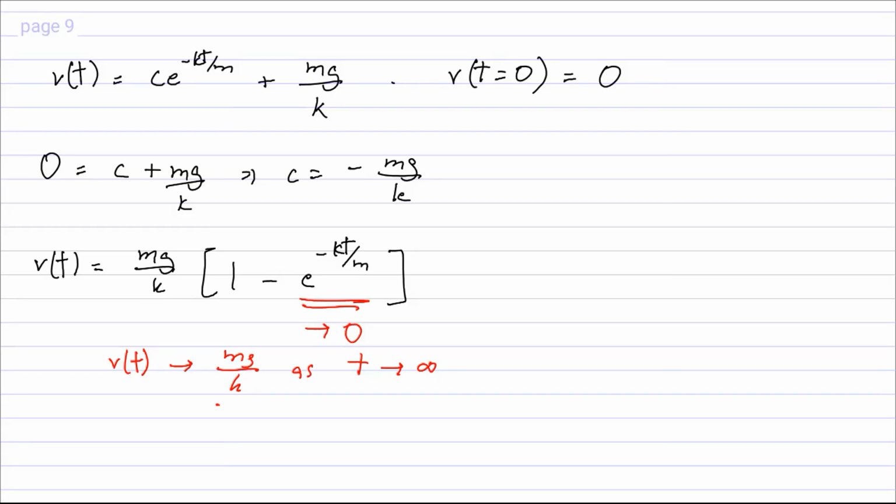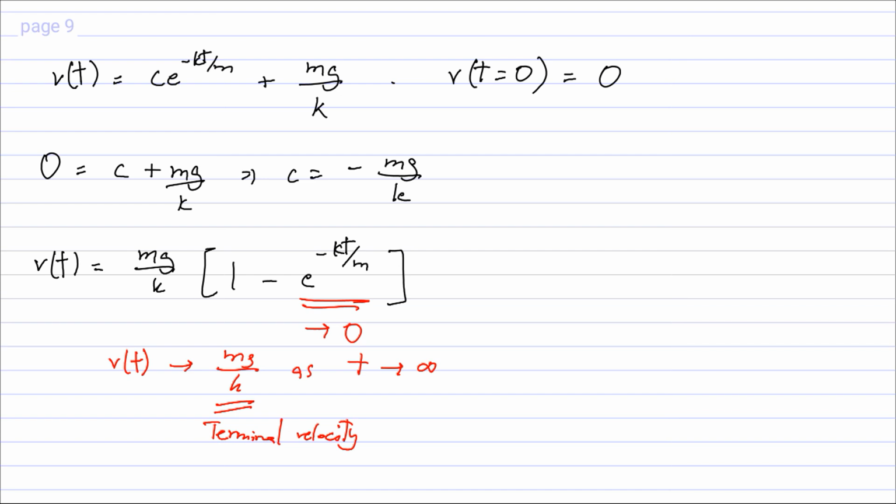This limiting value is called the terminal velocity. This is the speed that the object obtains once it has fallen for a large amount of time. Okay, one final check that we should do is check the dimensions.